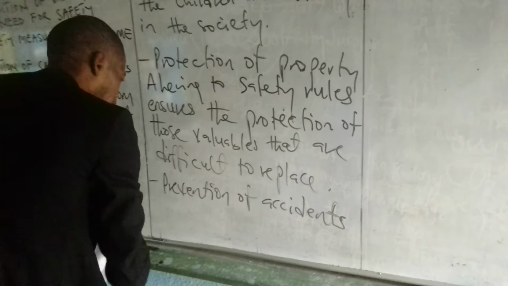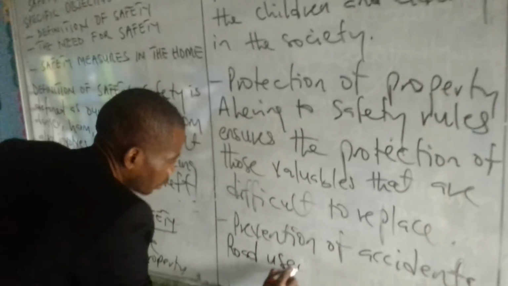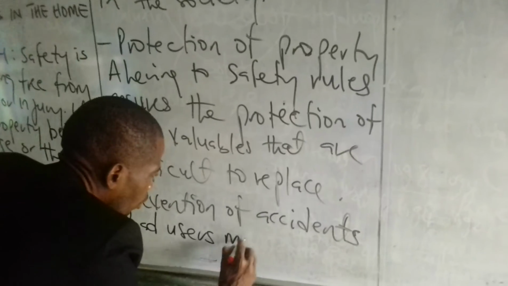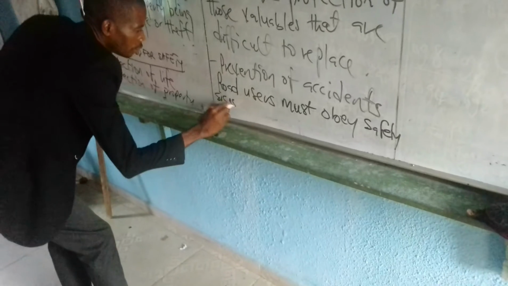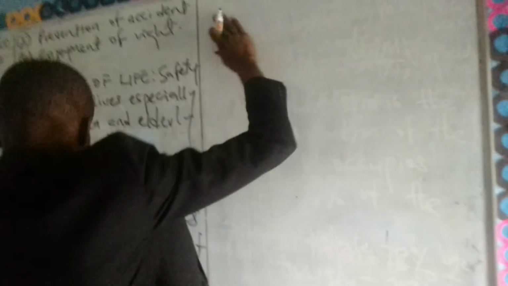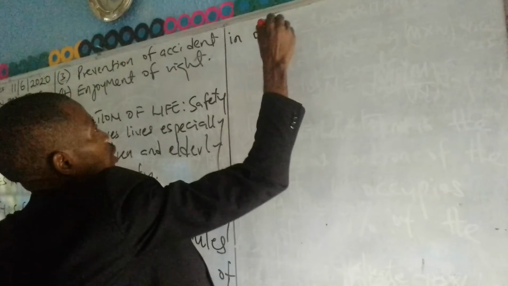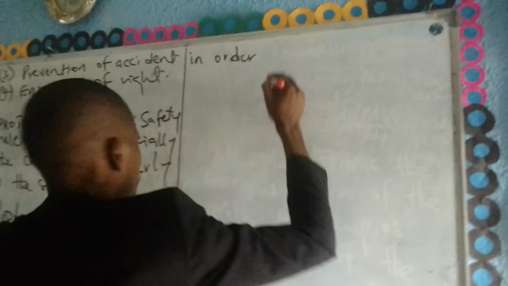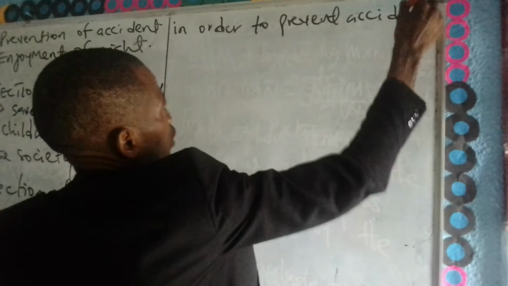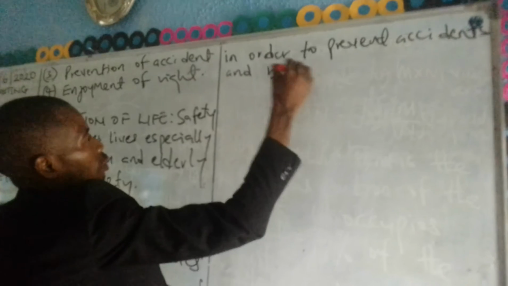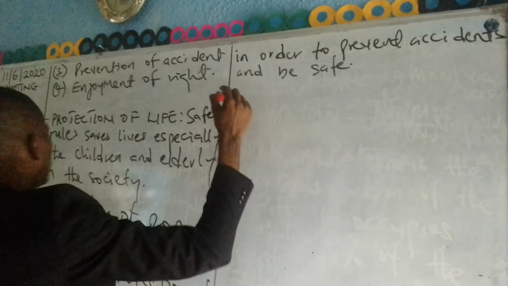Prevention of accidents: road users must obey safety signs and rules in order to prevent accidents and be safe.